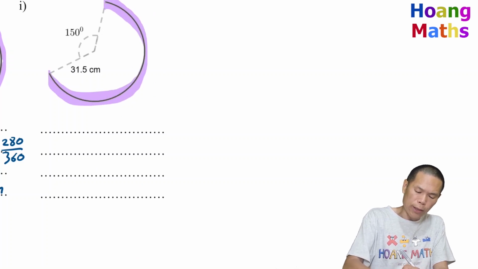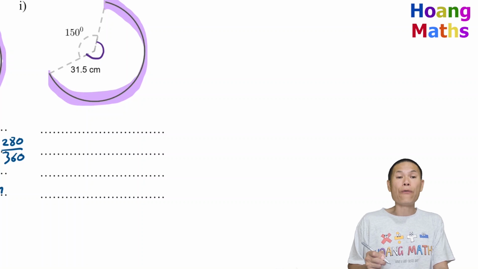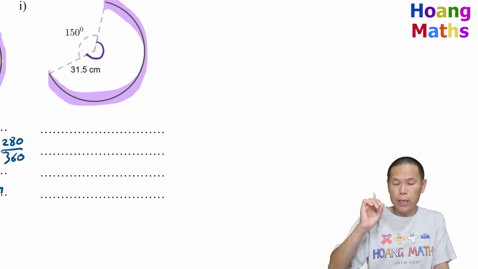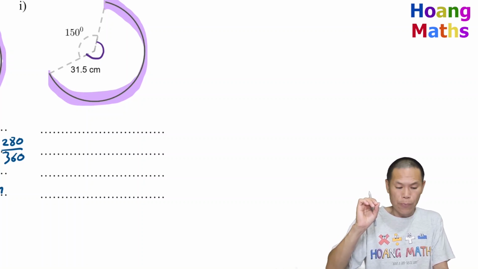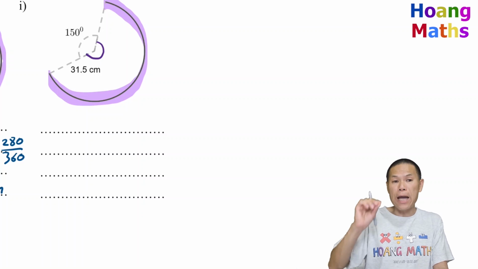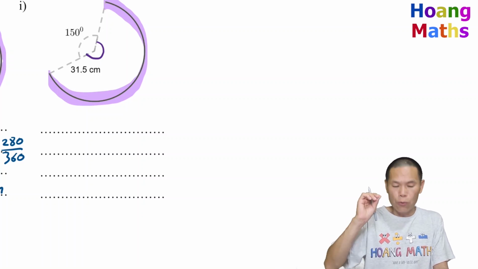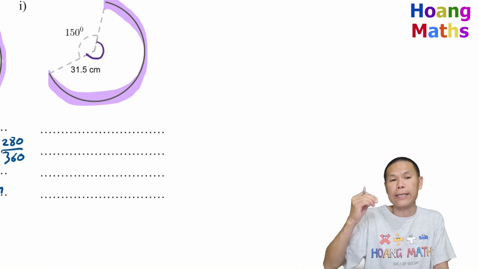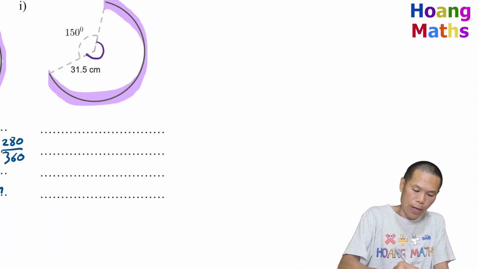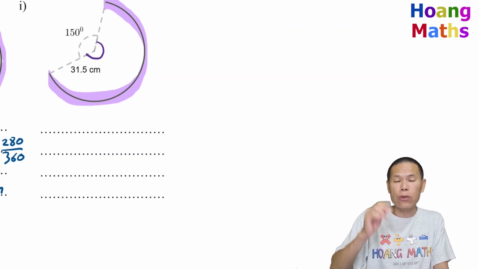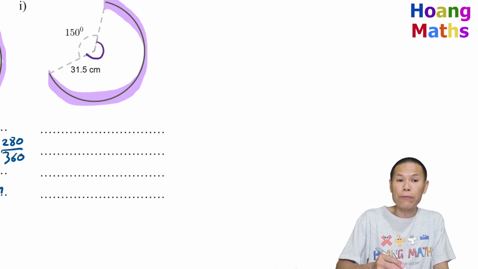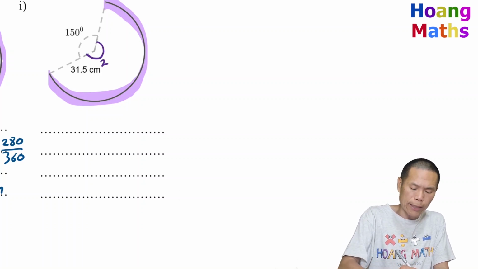Part I. Again, we need to work out the arc length of this, and we need to work out this angle, of course. You remember a whole circle is 360, so therefore 360 minus 150. 300 minus 150 gives me 150, and we add 60 on top, 210. Otherwise, you just put it on the calculator, 360 minus 150 should give me 210 degrees.